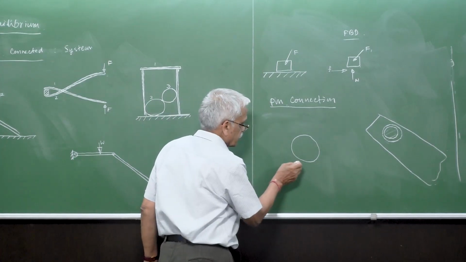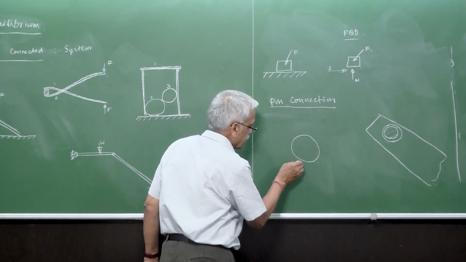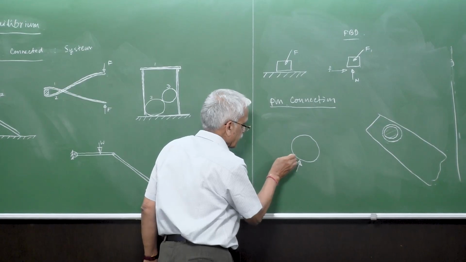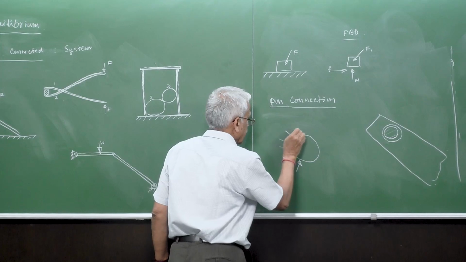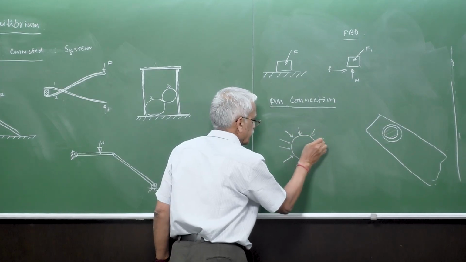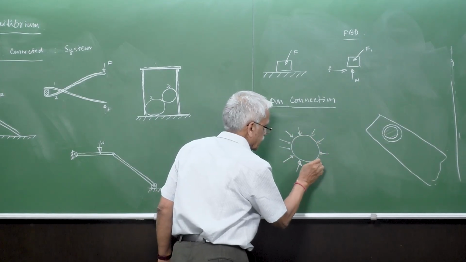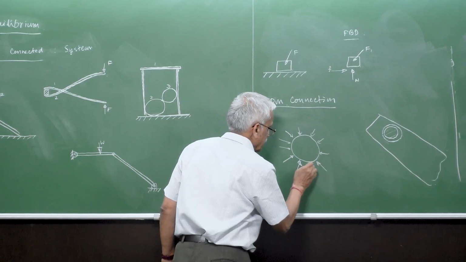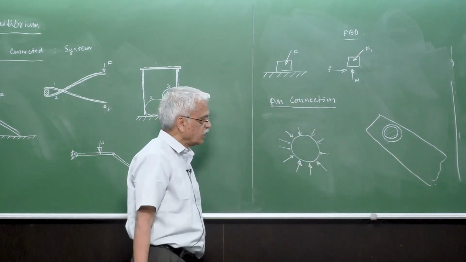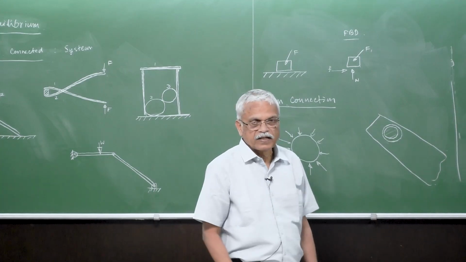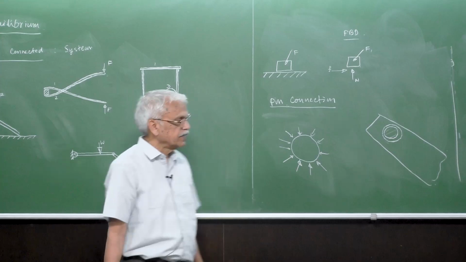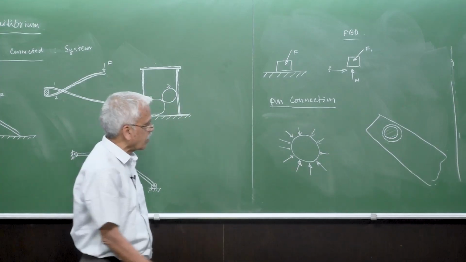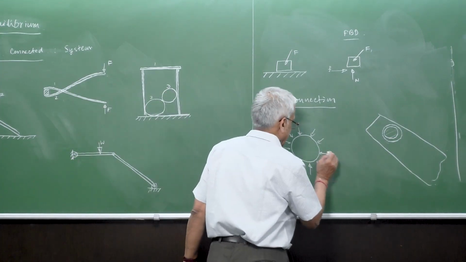Okay. So if you look at the pin here, isolate it, what kind of forces do you expect here? The forces which you expect here are the normal forces if there is no friction. If it is a well lubricated pin, we assume that there is no friction and the force is only normal. So the normal means that all those force components are radial.